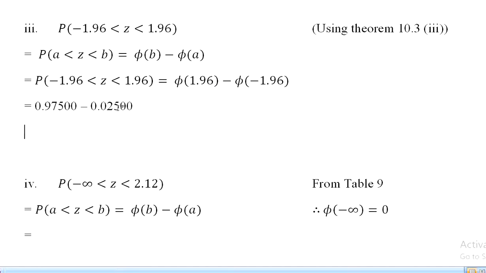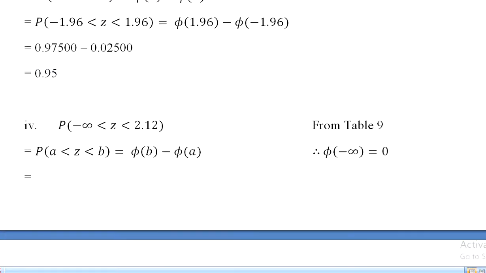Now I will solve it in the calculator. 0.97500 minus 0.02500 is 0.95. Alright, this is the probability of this one and this is the probability of that one. Okay, I'm sure it is clear to you all.